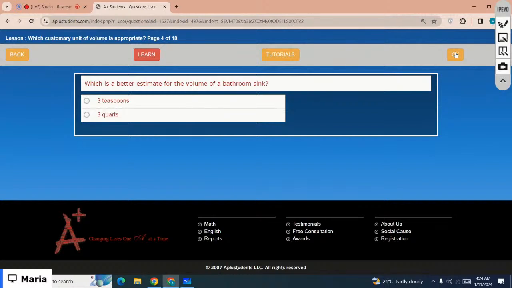Which is the better estimate for the volume of a bathroom sink? So which is the correct option?